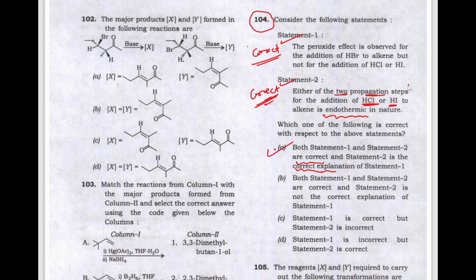Due to the unfavorable propagation step of HCl and HI, these will not show any peroxide effect. So the peroxide effect is observed only for the addition of HBr to alkenes. So A is the correct answer to this question.